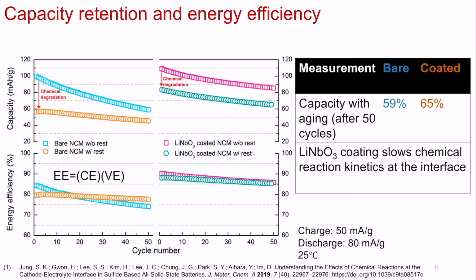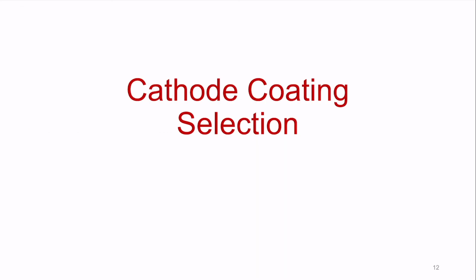Okay, so while the coating adds more money, expense, as well as manufacturing time, the cell performance over time is maintained. Okay. And this is all at room temperature, by the way, which is important. Okay, so we talked about one example in depth.